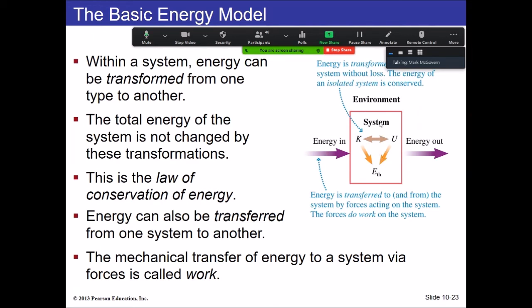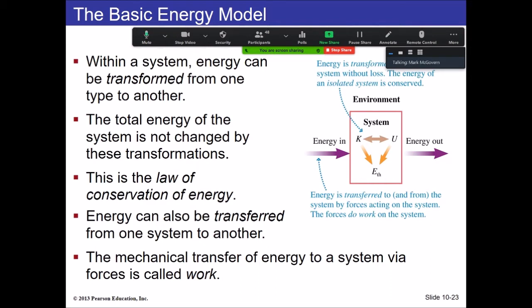And the objects in the system can exchange kinetic and potential energies with each other. However, they can also transfer some things to thermal energy. When things are transferred to thermal energy, like in friction, for example, that energy is effectively lost. It stays in the system, but it cannot be harnessed in the same way that kinetic and potential energies are.